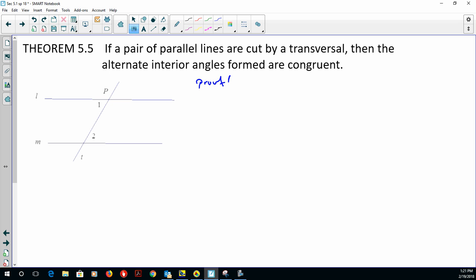In other words, we're going to suppose I have parallel lines, but that these two angles aren't congruent.